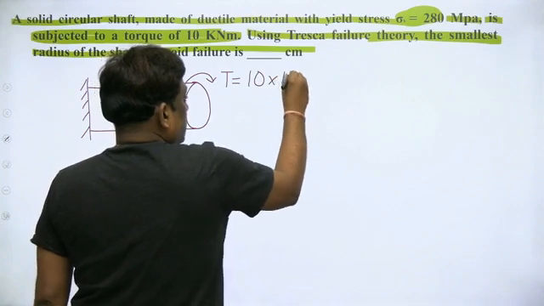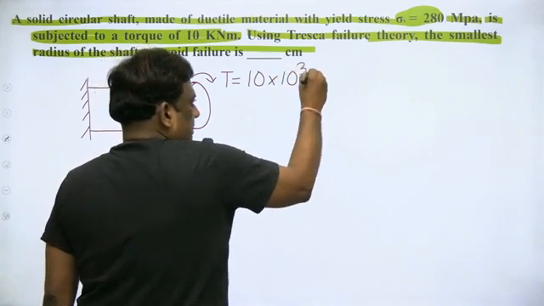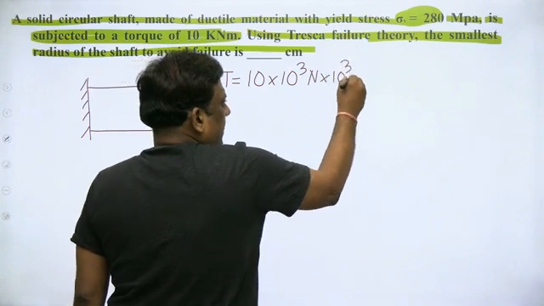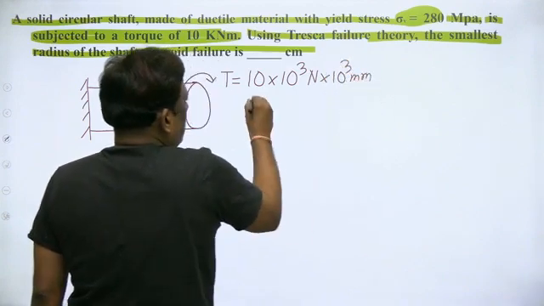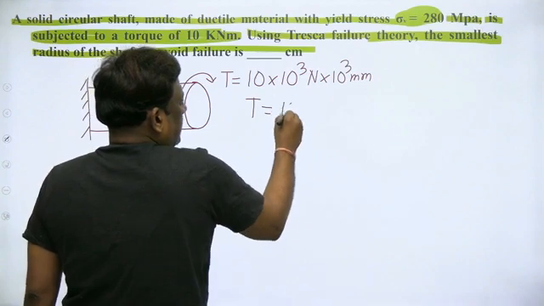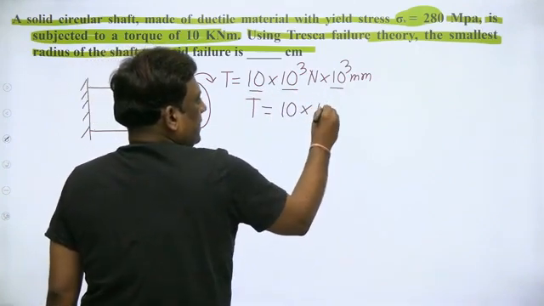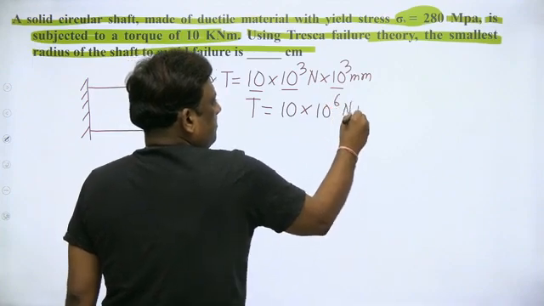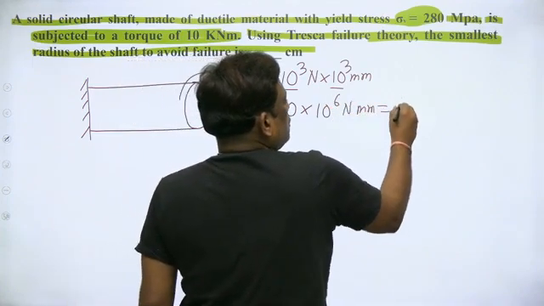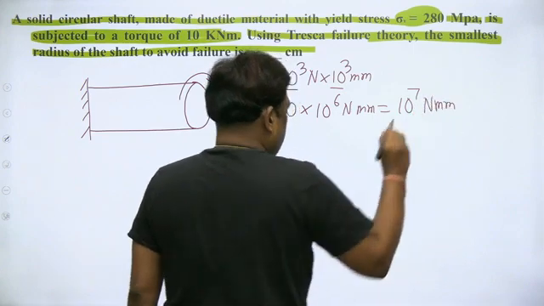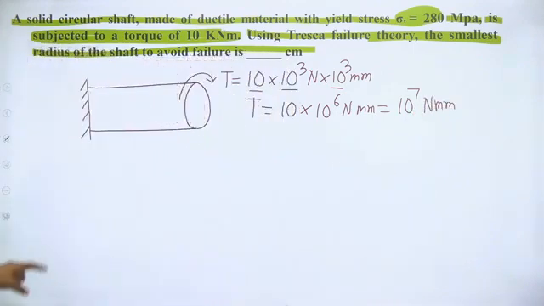So I'll write it as 10 power 3 Newton meter, which is 10 power 3 mm. So the torque is nothing but 10 into 10 power 3 into 10 power 3, which is 10 power 6 newton mm, or this can also be written as 10 raised to 7 newton mm. This is the torque. Okay.